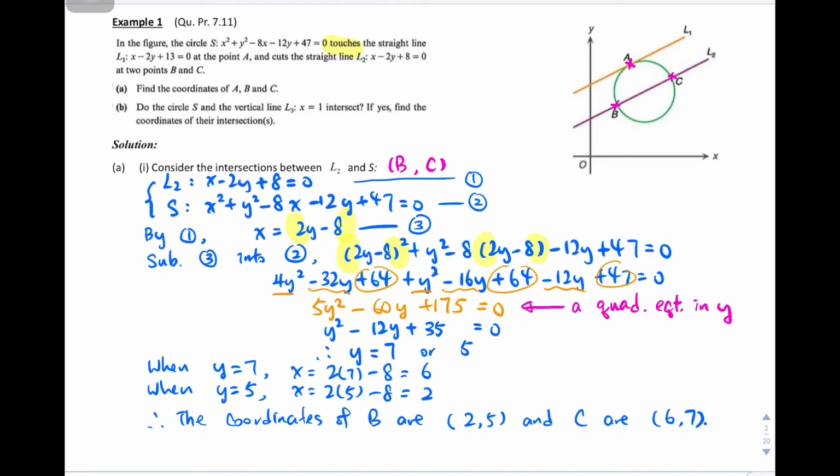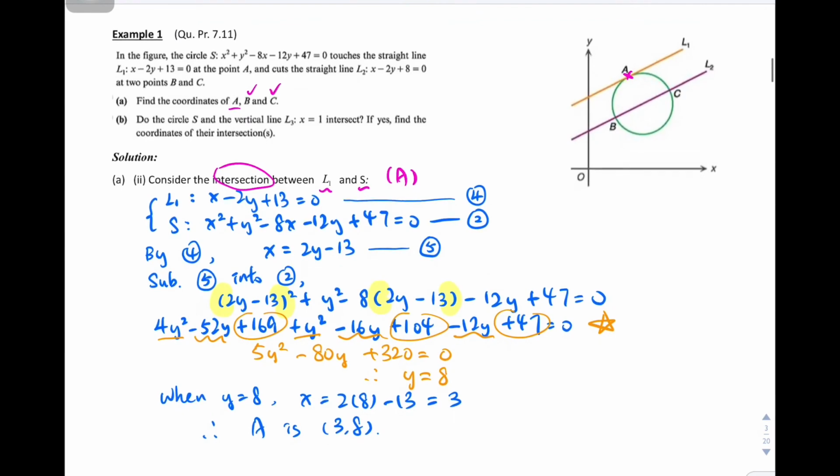When we consider the intersection between a straight line and a circle, we can have 3 possible cases. The first one, when you consider L2 and the circle, we have 2 intersecting points.